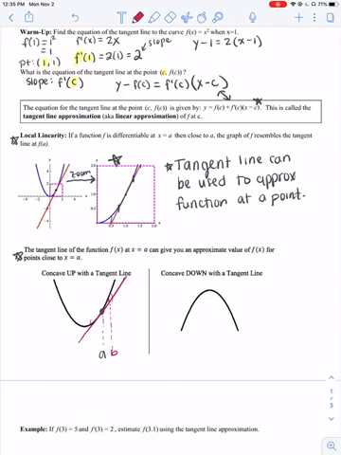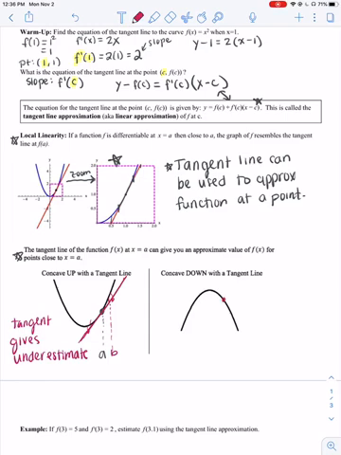Now, what I wanted to show you here is that when you're dealing with concave up, the tangent line is always going to give you a value less than the function. Notice the tangent line is below the curve, so the tangent line is giving an underestimate. What about when you're dealing with concave down? Well, you can imagine it's going to be the opposite.